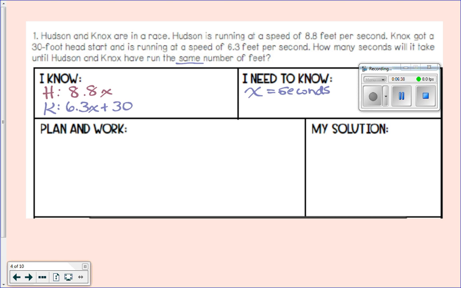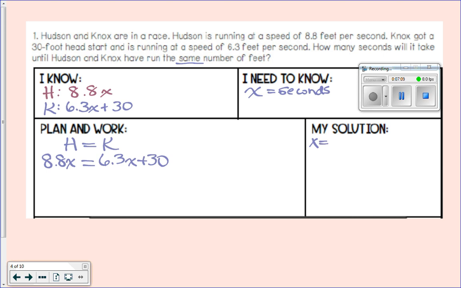So we have Hudson. We want them to run the same number of feet as Knox. What can we do now? Say that again. Good. Hudson. Good. Now, are we ready for our solution to determine what x is in seconds?